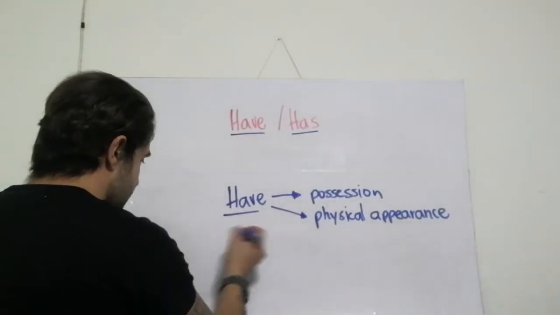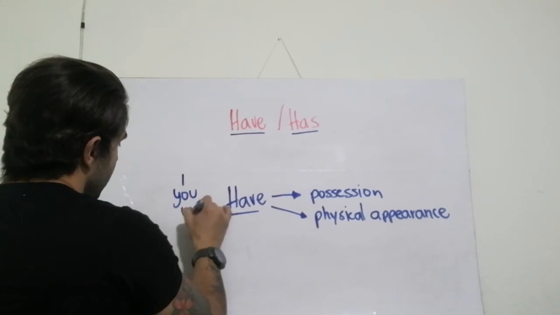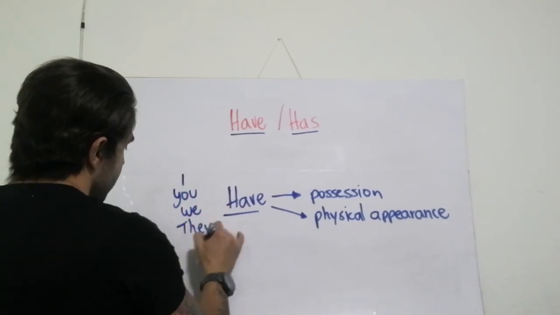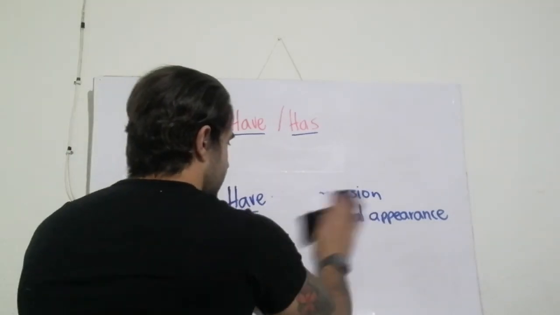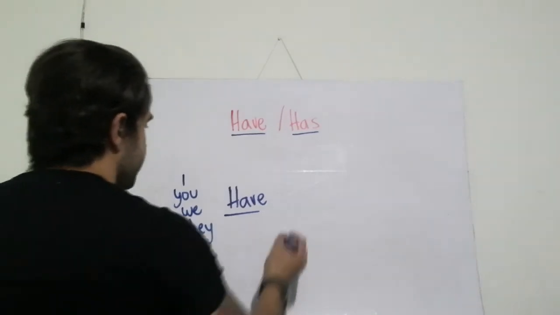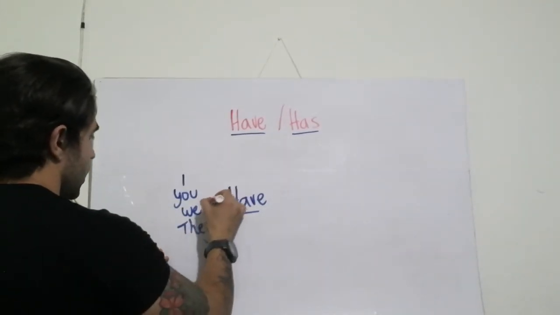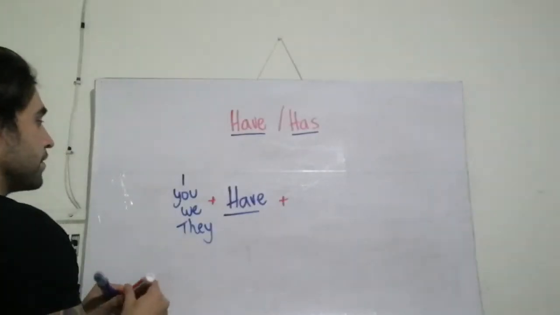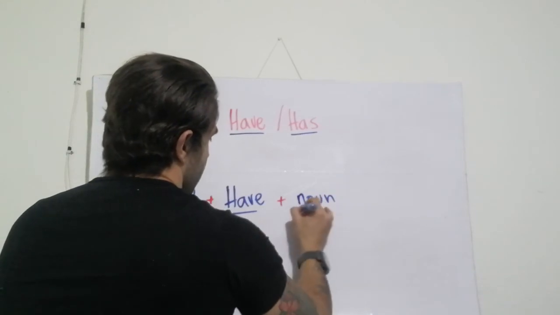First person, let's remember first person, you say I, you, we, and they, right? I'm going to erase this. Yes. So I say I have, yes, we use I have, and we use a noun.